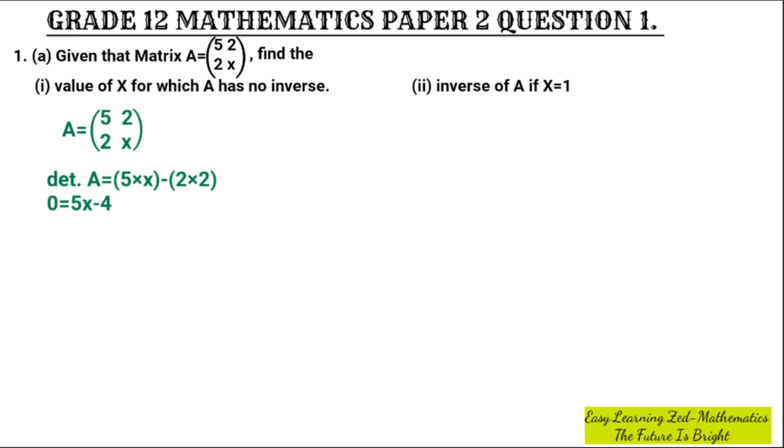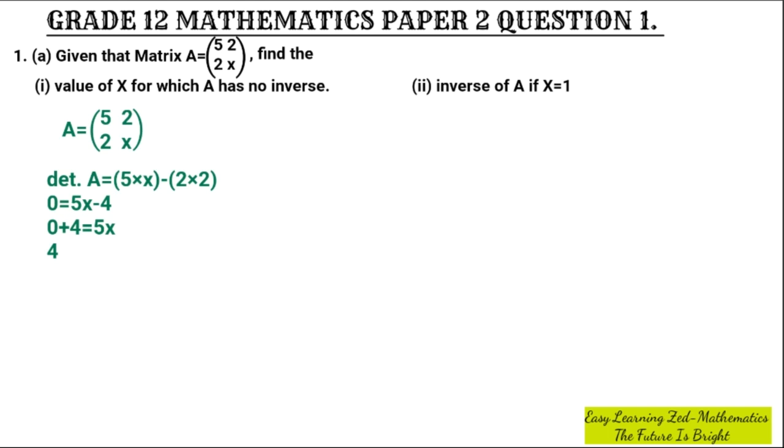Once we have done that, we put like terms together: 0, then 4 crosses the equal sign and becomes plus 4, which is equal to 5x. Evaluating 0 plus 4 gives 4, which is equal to 5x.